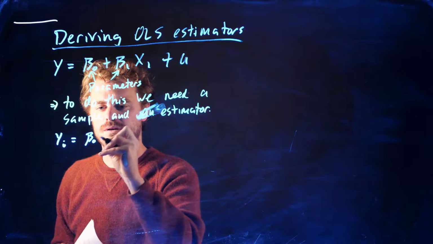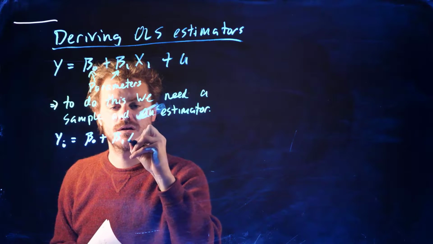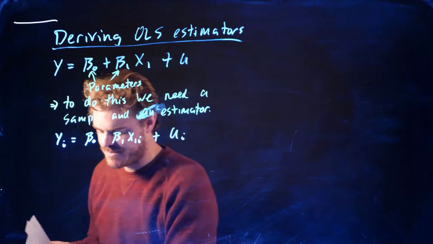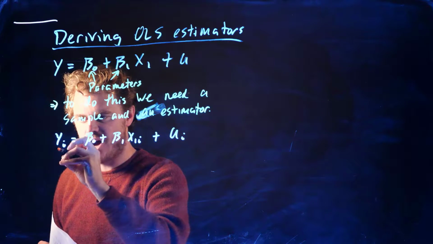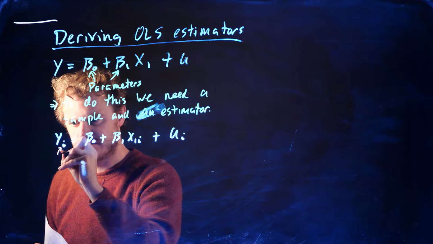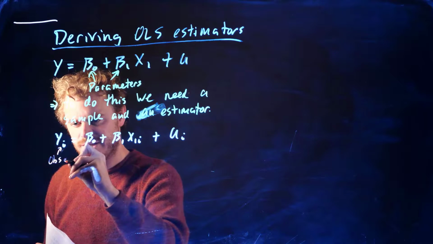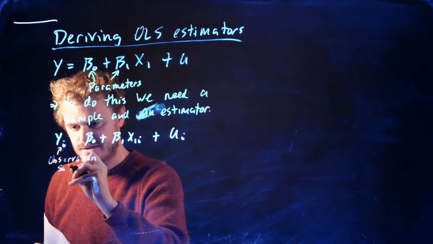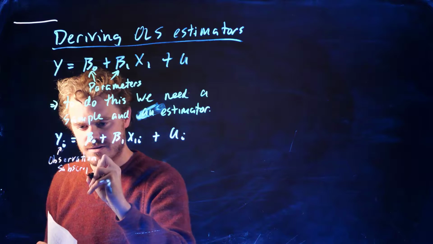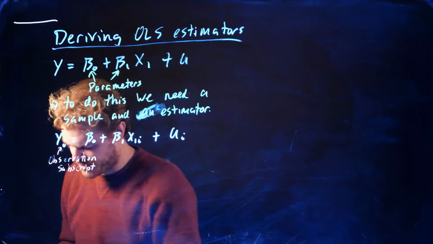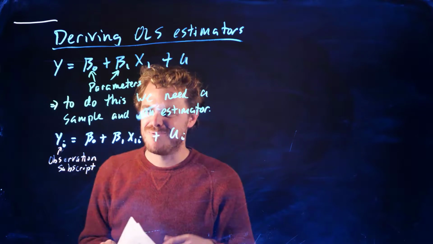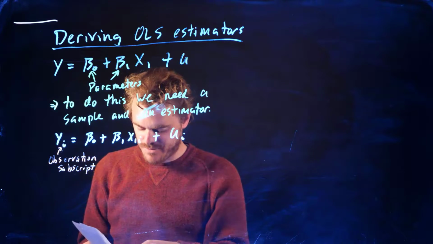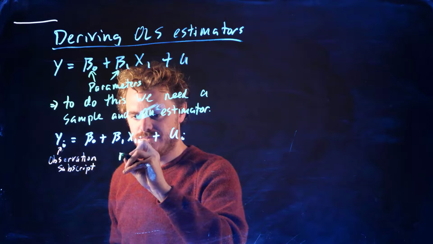So let's first think about writing out our regression this way. So notice I added this subscript i. So it's like the observation subscript. Each person in our sample, remember there's n people in our sample.